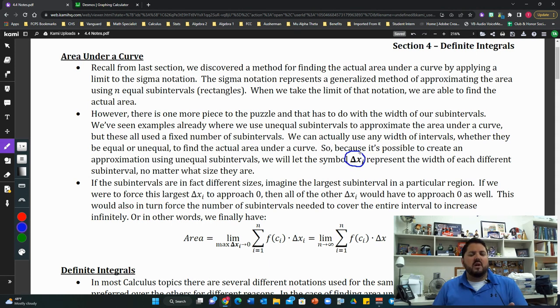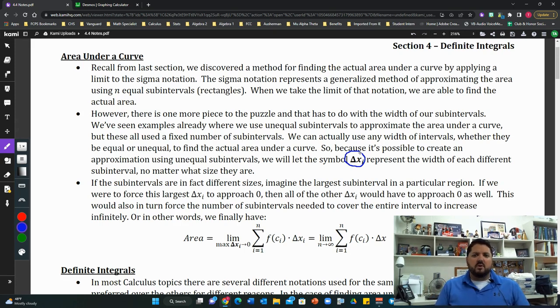So again, that works kind of the same way. c sub i represents the particular endpoint that I'm choosing to use, typically right endpoint. When i is 1, that would be c sub 1. So that's the first subinterval's right endpoint. When i equals 2, that would be the second subinterval's right endpoint, and so on. Delta x sub i now just represents the varying widths for each one.